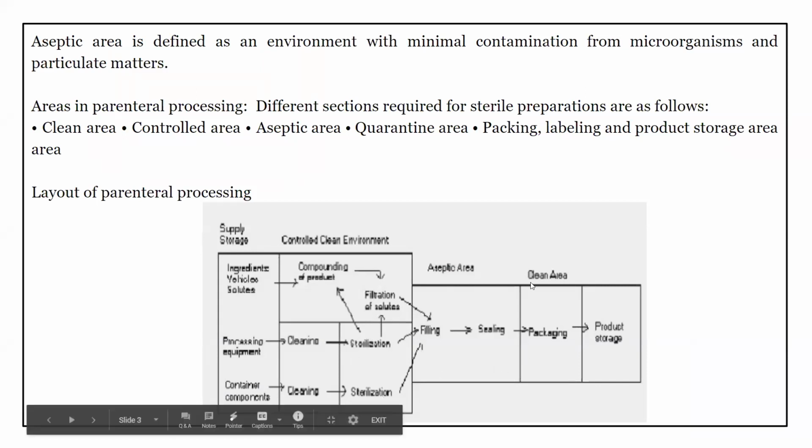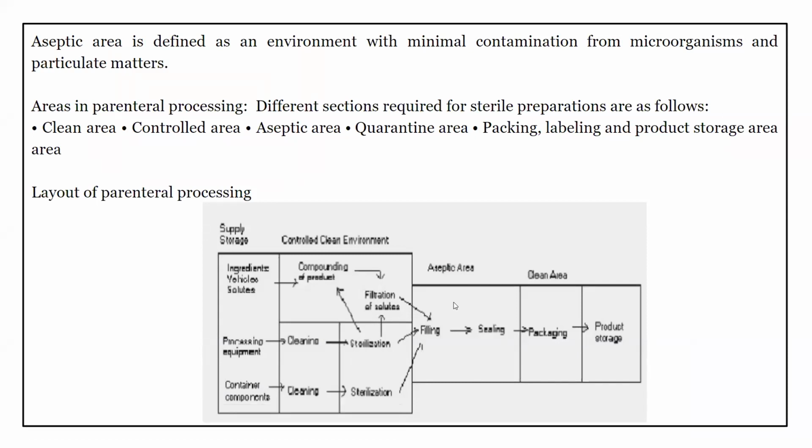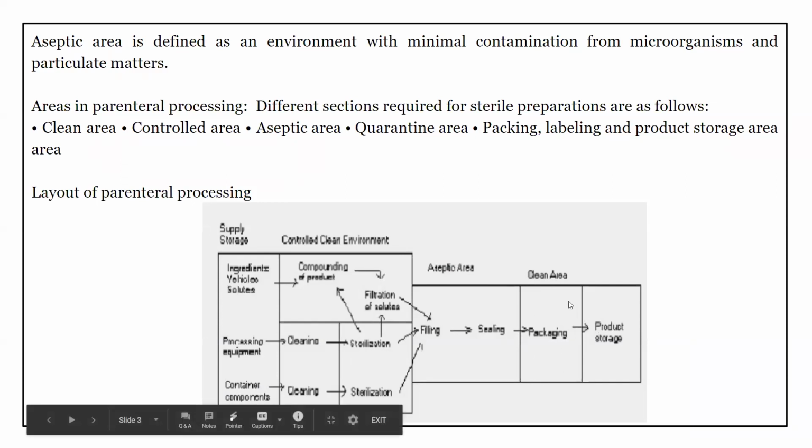And then we have aseptic area, which is also known as critical area. Here the air quality is more stringently controlled so as to prevent microbial and particulate contamination. Then again we move to clean area where packaging occurs and the product storage.